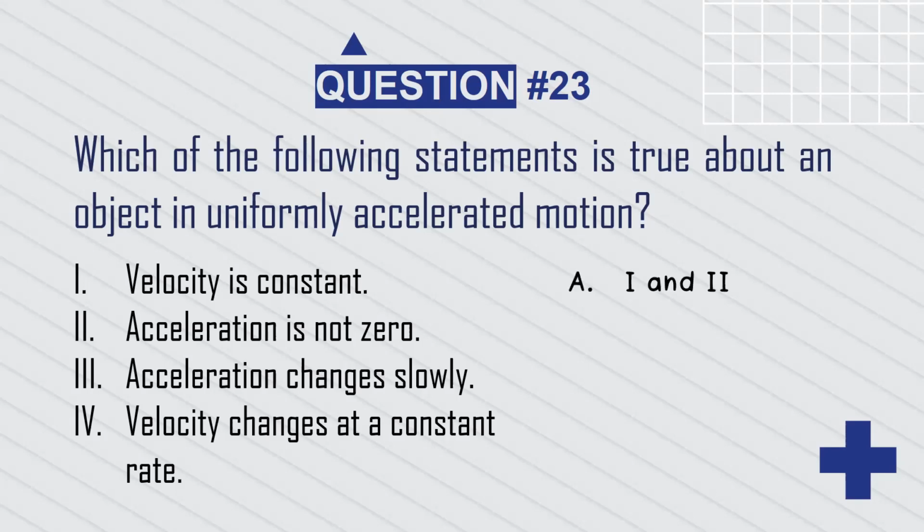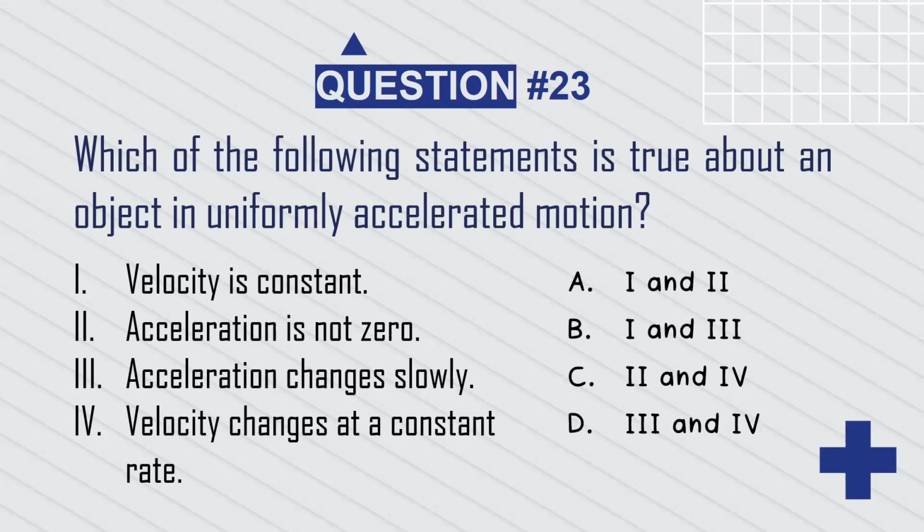These are the choices: A, 1 and 2, B, 1 and 3, C, 2 and 4, or D, 3 and 4. The correct answer to this question is letter C. Acceleration is not 0 and the velocity changes at a constant rate.